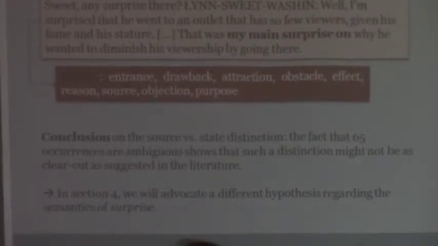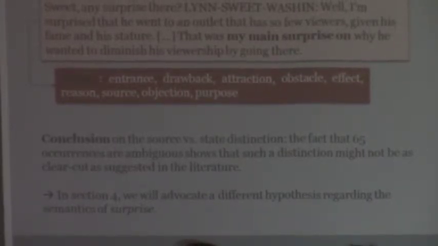So to conclude on this, although the distinction between two meanings of surprise, surprise as a state versus surprise as a source, a stimulus, although this distinction accounts for the majority of the occurrences of the corpus, the fact that 65 occurrences are ambiguous shows that such a distinction might not be as clear-cut as suggested in the literature.